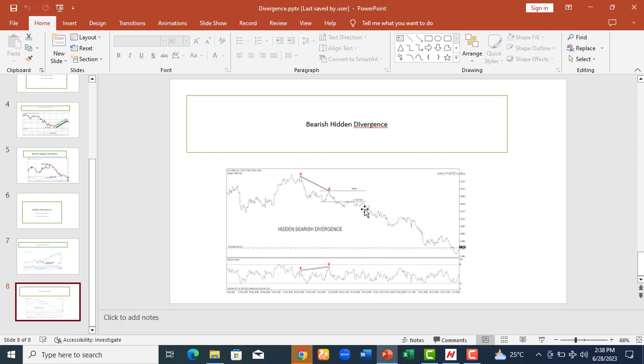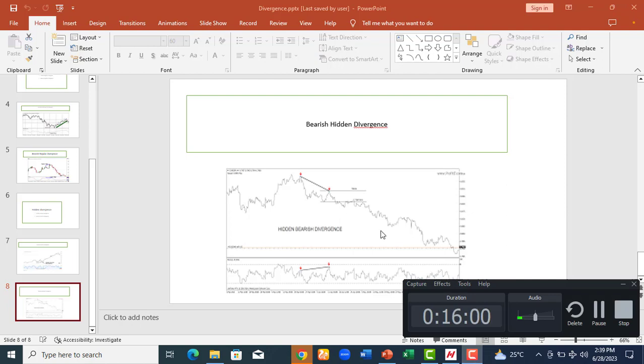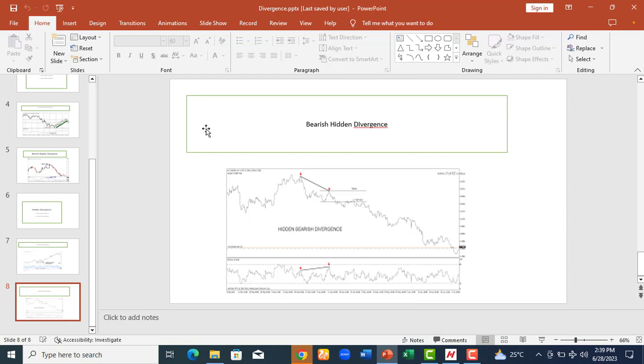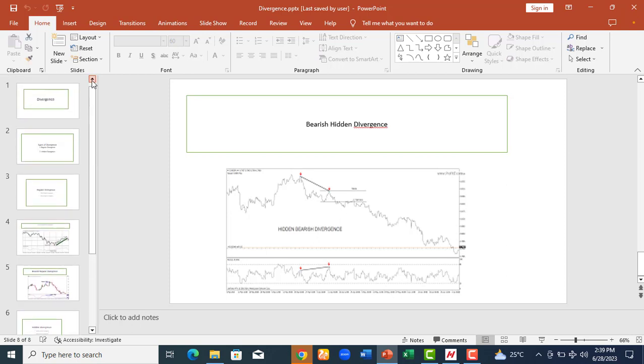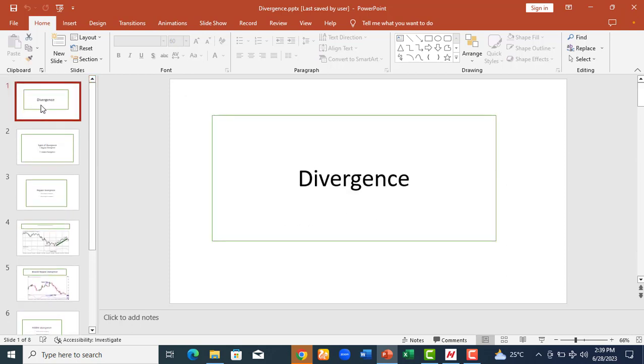So as a way of recap, or a way to go through what we've done already. The topic, we started by teaching the divergence, and we say divergence has to do with disparity, differences between one stock and another.